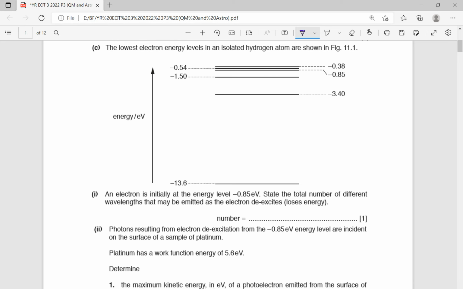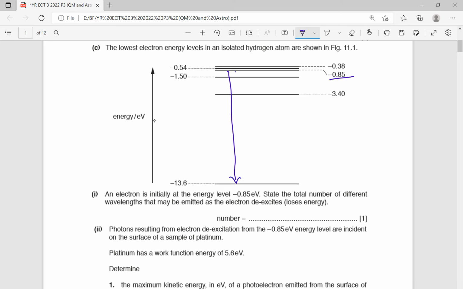Okay, let's continue. An electron is initially at the energy level -0.85 eV. State the total number of different wavelengths that may be emitted as the electron de-excites, losing energy. So let's see how many wavelengths can be emitted. Since we are starting from -0.85, it may de-excite from -0.85 to the ground state.